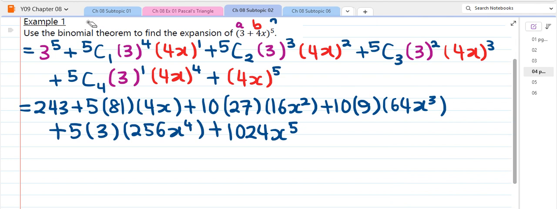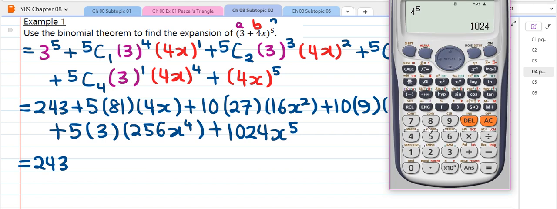Let me double check this one first. Then 5, 3, 2, 5, 6 x to the power of 4, and 1024. Alright, this is the next step. We just have to simplify by multiplying the numbers in the terms.